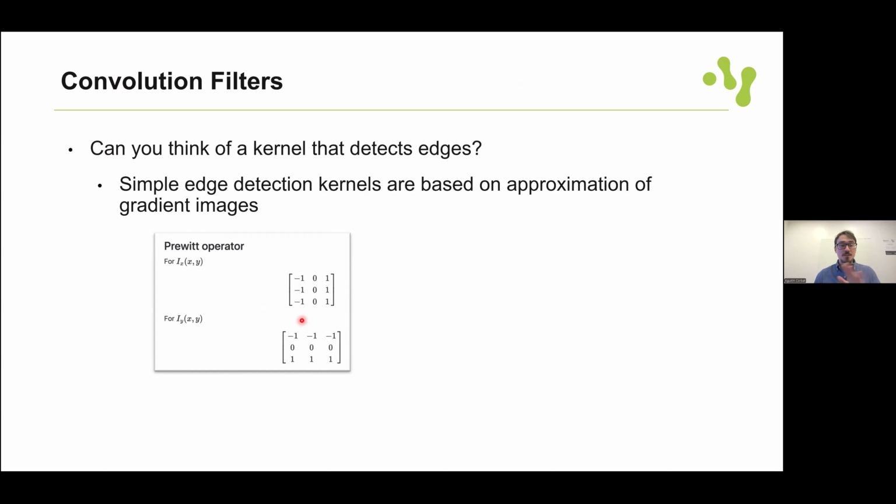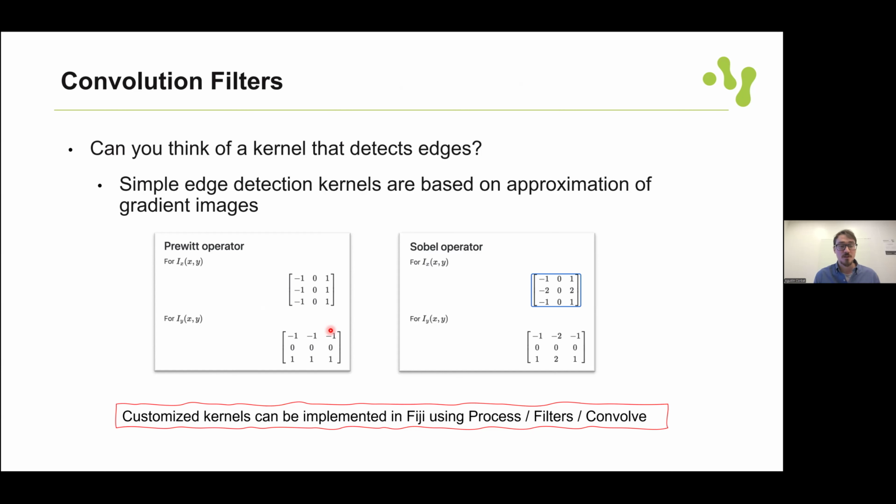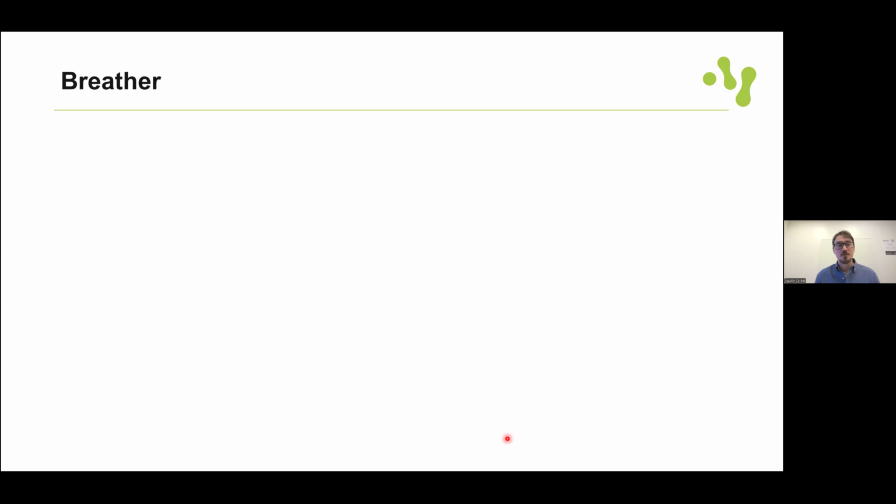And you see that these are sort of gradients, so these are good to detect and highlight gradients in your images. You can also do your own customized kernel in Fiji, but I really suggest that you look online for different filters, as you might find specific filters for your questions. For example, if you're looking for blobs or dots, you can use Laplacians of Gaussians for those things, etc.